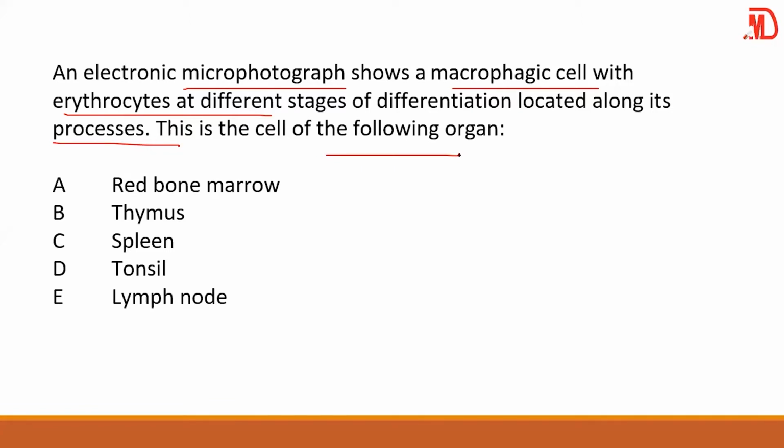Obviously, this should be the red bone marrow, because inside the red bone marrow is where erythropoiesis takes place. So over here you are thinking about the bone marrow, or red bone marrow. That is where the genesis of red blood cells begins, inside the bones.